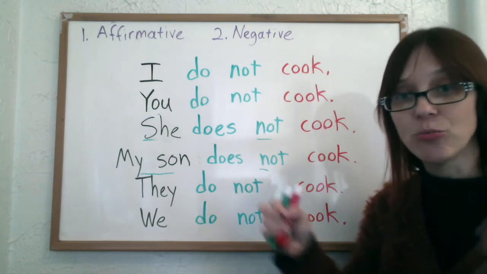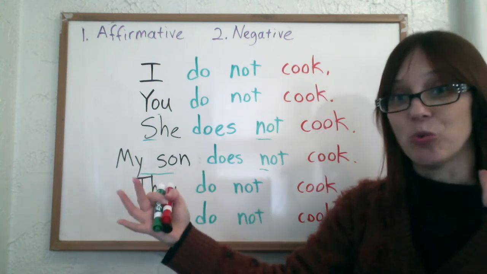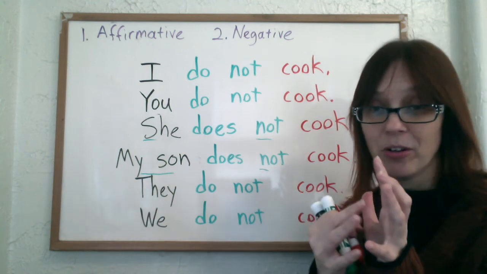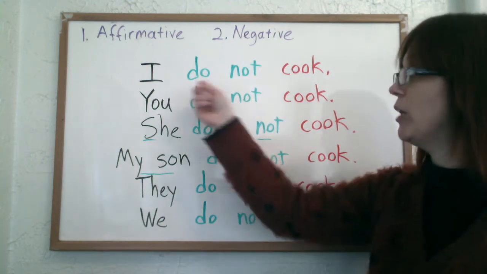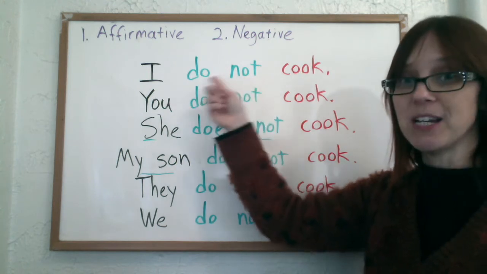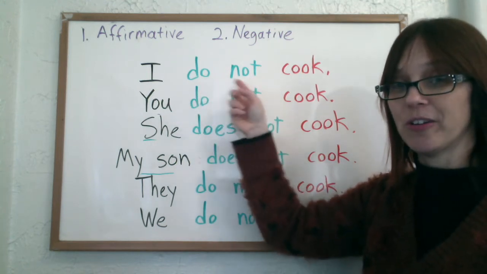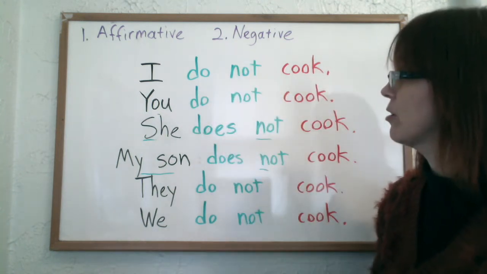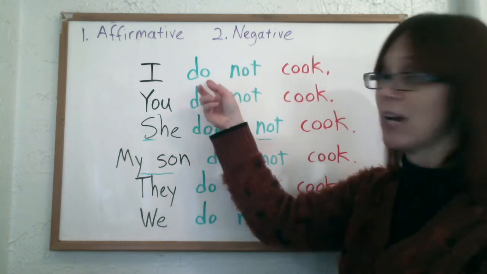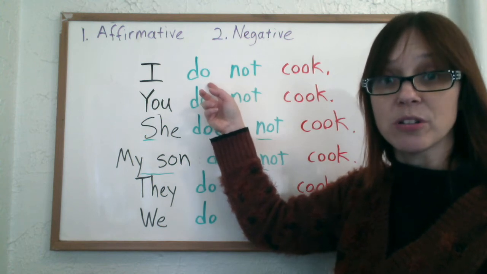In English, we like to put words together. We like to make contractions. So we always speak with these together. Do not, we put together. So, do not, don't.